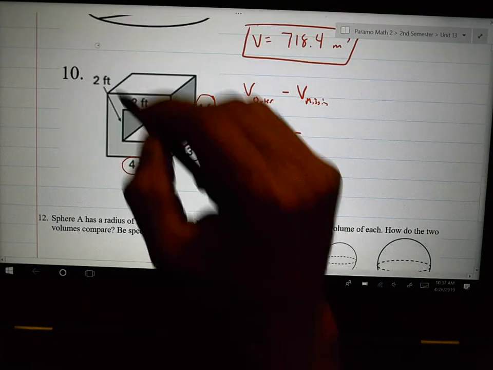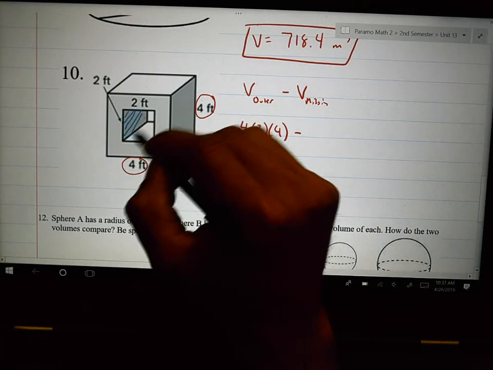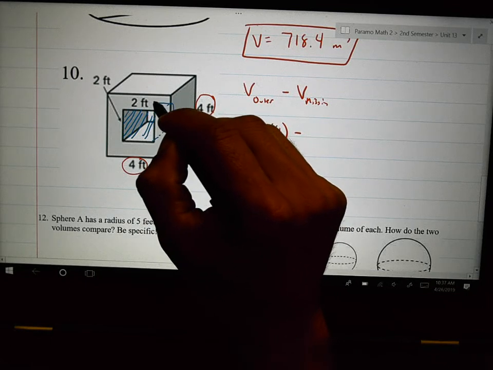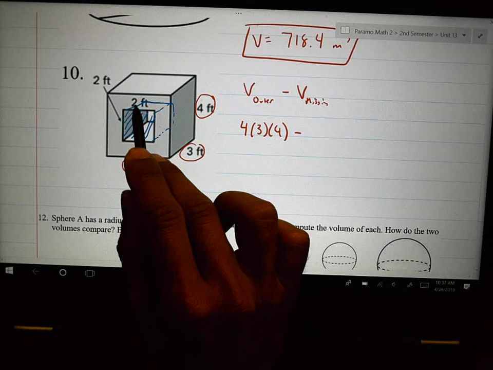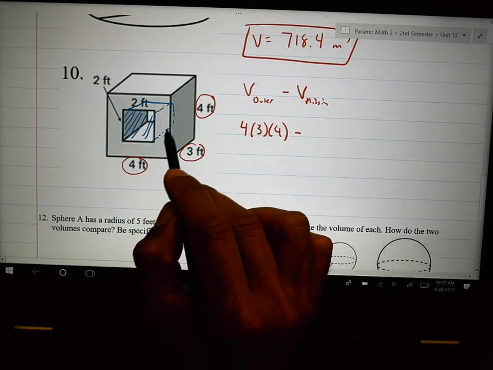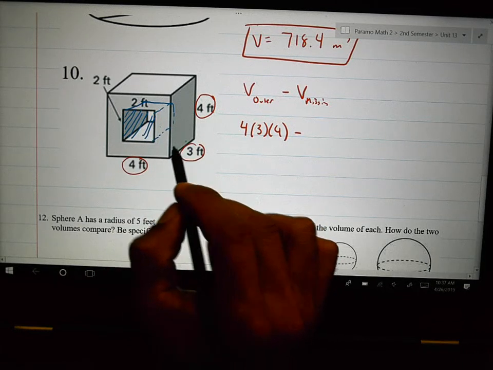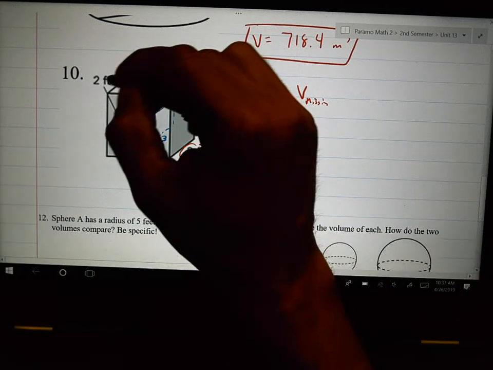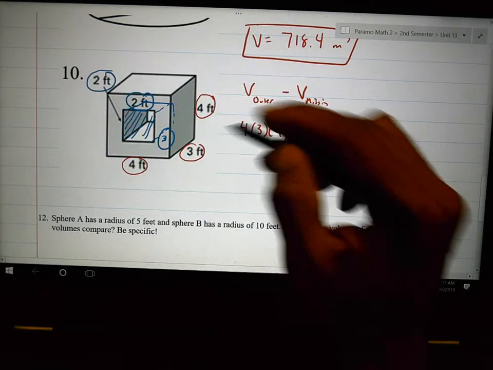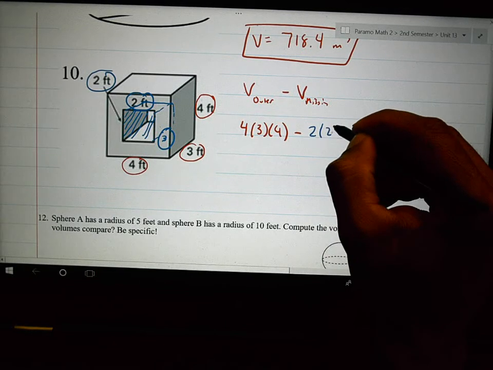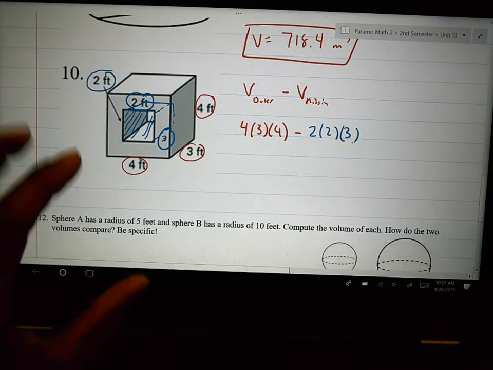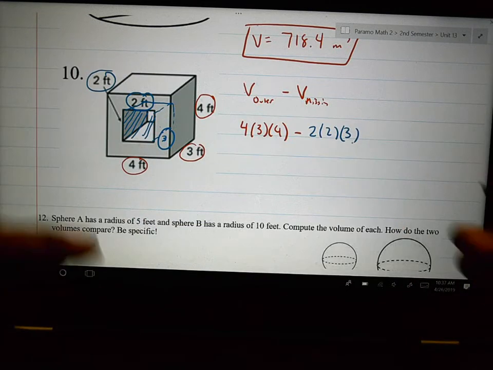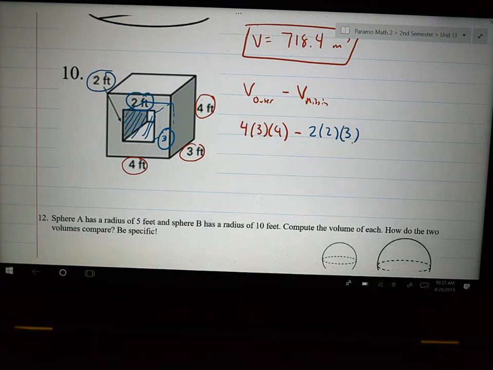If I think about this particular prism, I have a 2 feet and a 2 feet, and this distance must match this distance, otherwise it would not go all the way through. So I see a 2, and a 3. It's basically, I'm taking the volume of the everything and I'm subtracting this blue volume, which definitely is not there.